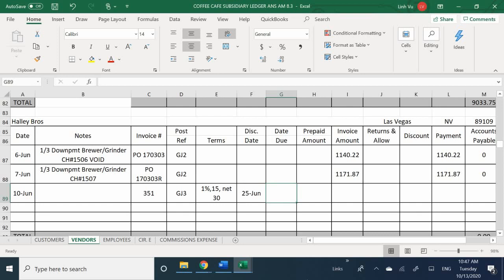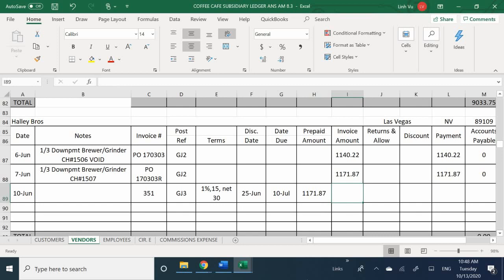There's 30 days, so that would be July 10th. July 10. Okay. And did I have a prepaid amount? Yes, you did. 71. Mm-hmm. What was my actual invoice amount totaled to?